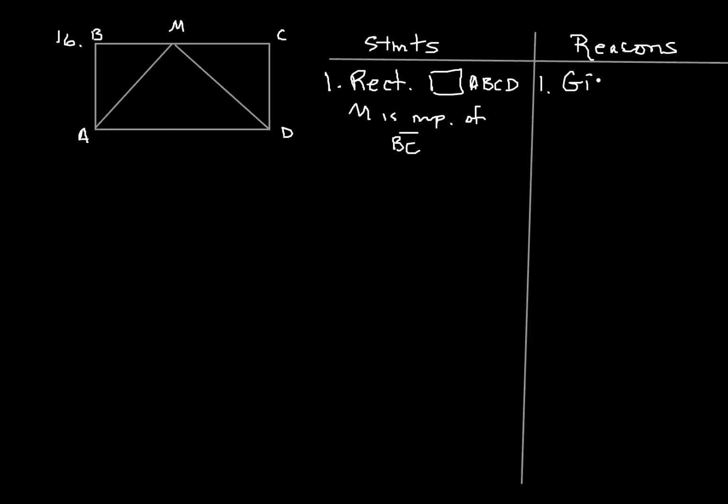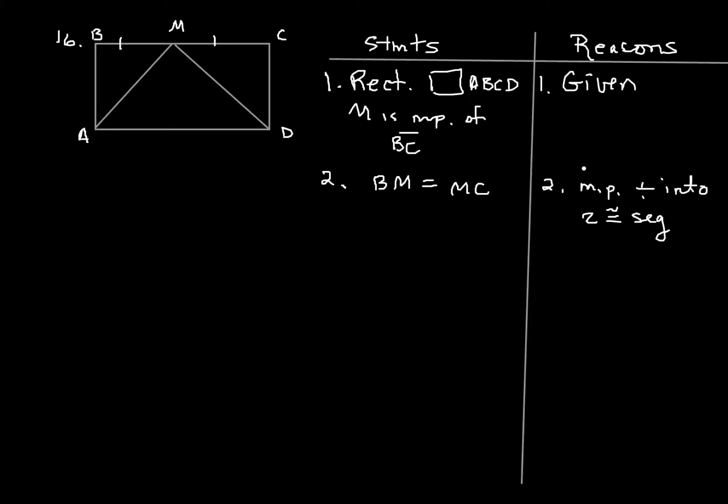Okay, that's given. So M is the midpoint, so let's just write what we know here. If M is the midpoint of BC, mine's not perfectly straight, we can say that BM, I didn't even write down what you're supposed to prove yet. So midpoint divides into two equal or congruent segments.